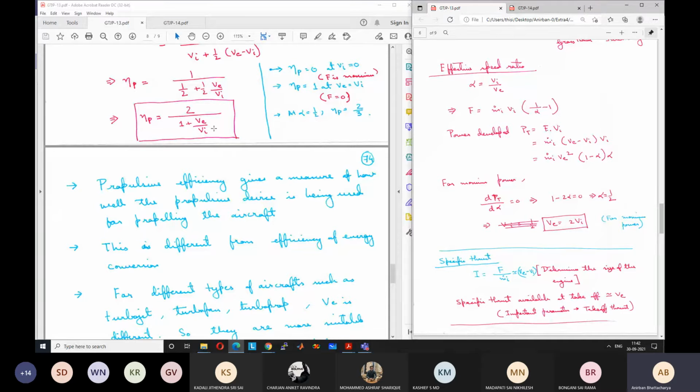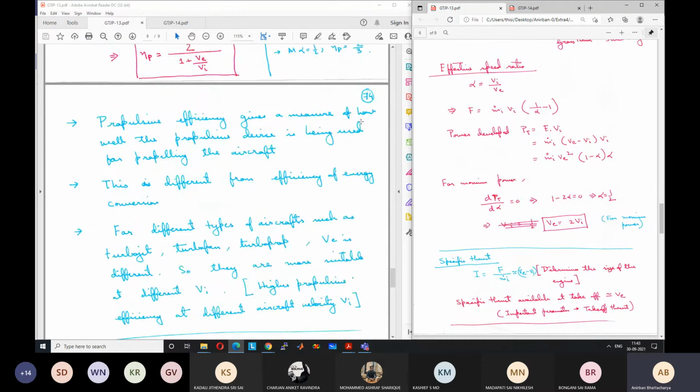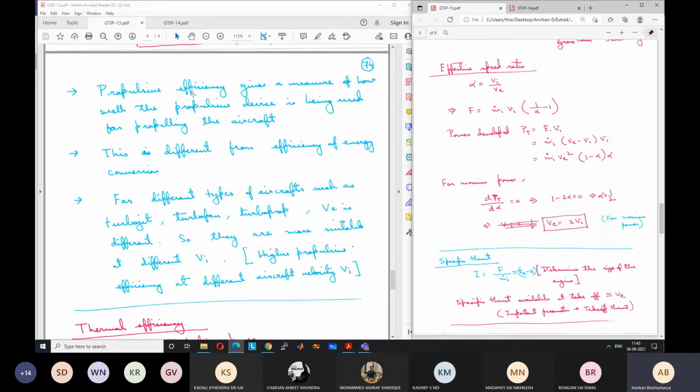The second part, the conversion of the energy that is generated by the engine into useful energy, is given by the propulsive efficiency. So propulsive efficiency gives a measure of how well the propulsive device is being used for propelling the aircraft. And this is different from the efficiency of energy conversion, as I am saying again and again, because otherwise the students get confused.